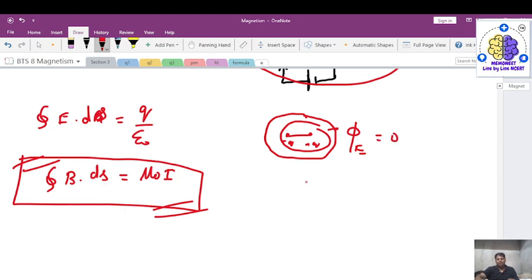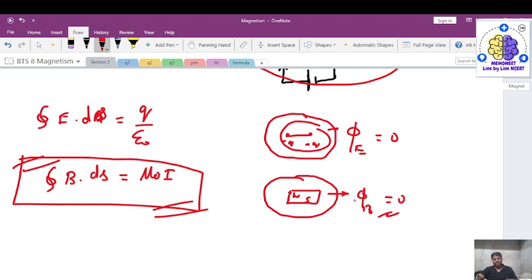In a similar manner, if in a closed loop there is, let's say, a magnetic dipole, here we have north and here we have south, then the magnetic flux passing through this, Phi B, will be equal to 0, right? So similar to the Gauss theorem which we have studied, we also have a Gauss theorem in magnetism. Ending up with this, the next thing we have to study is magnetic materials. Before that, we have to study some important terms used in the magnetic properties of the material, right?